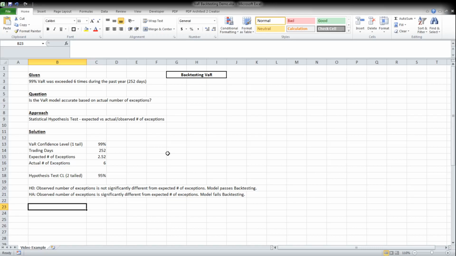We need to find our critical z-score, our acceptance and rejection regions, and we will calculate our actual observed z-score and compare it with the acceptance and rejection regions. Before we go there, let me bring in the standard normal distribution, and it will help us locate the z-scores and probabilities that we will need.